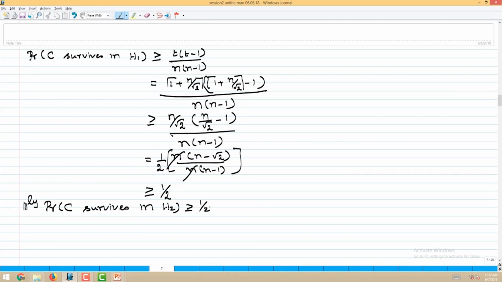Now, see, P of n is written in terms of P of n by root 2, where you are having probability that C survives in H1 as well as C survives in H2, but C may survive in both H1 and H2. So, they are not mutually exclusive, they need not be mutually exclusive. So, I cannot make use of the addition theorem there easily. So, you can go for the complementary events. Okay.